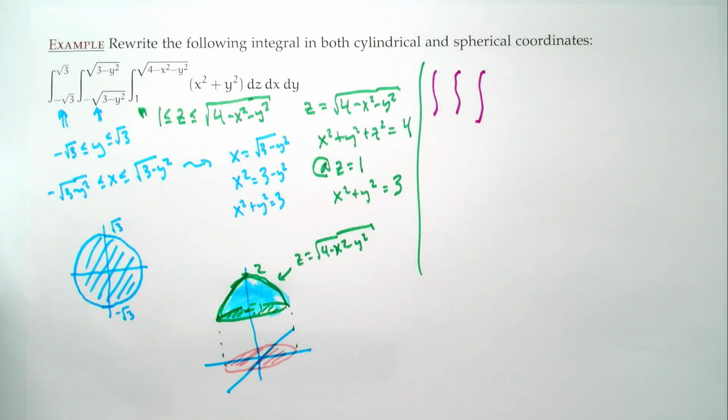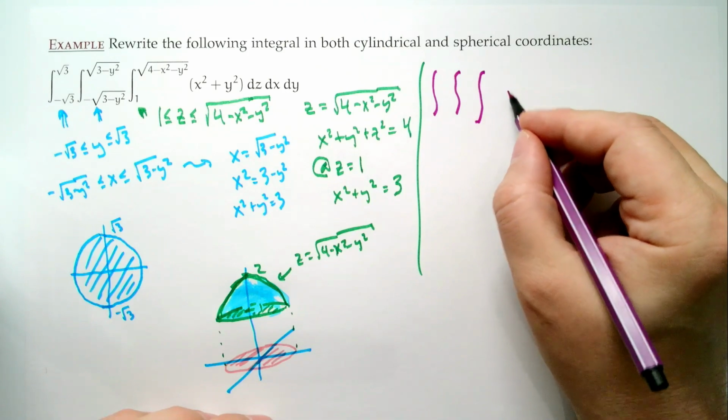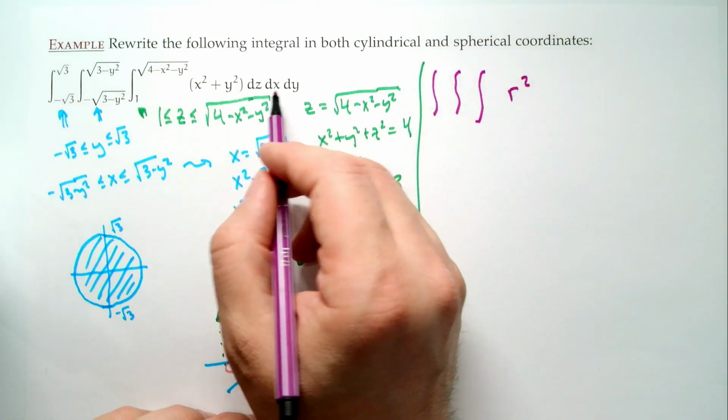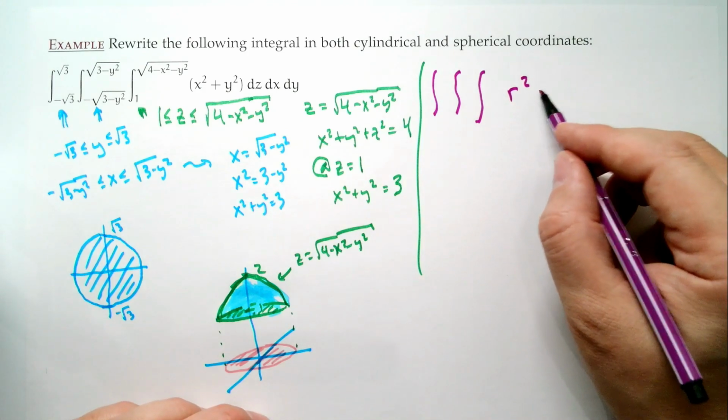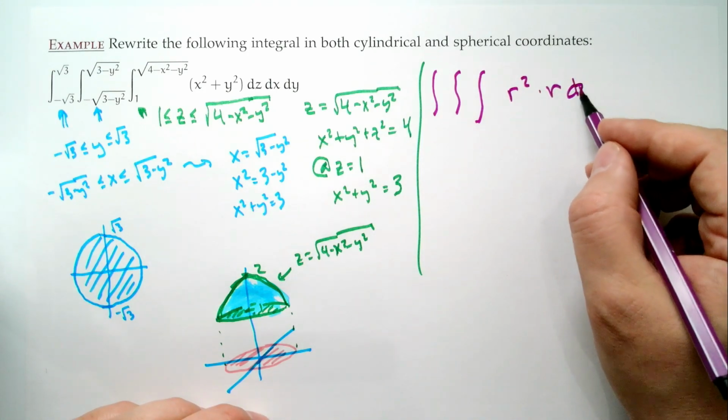It becomes r squared, because when we talk about what it becomes, we mean in terms of the new variables. Our new variables are r, theta, and z. So x squared plus y squared becomes r squared. dz dx dy, what will that become? R dz dr d theta.